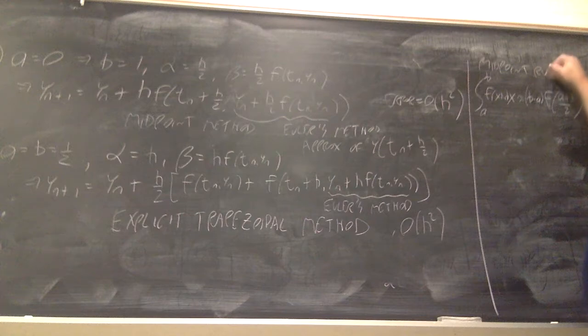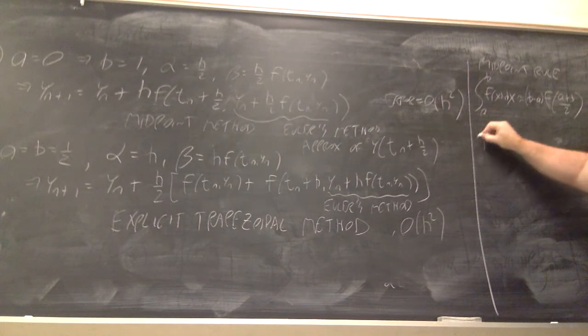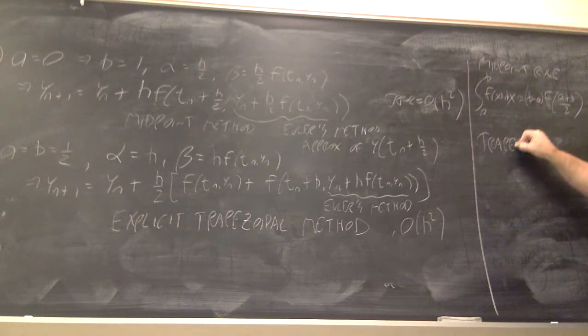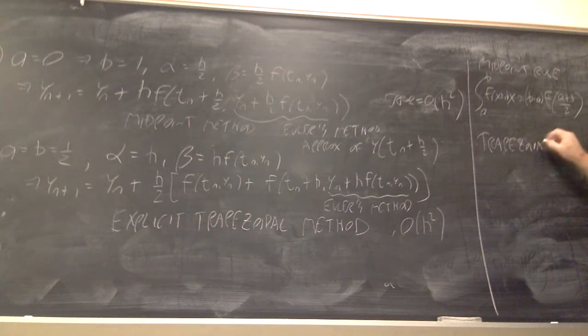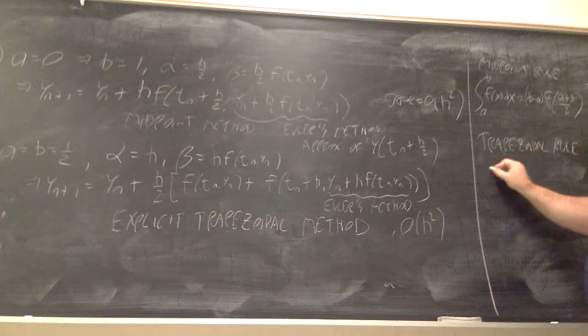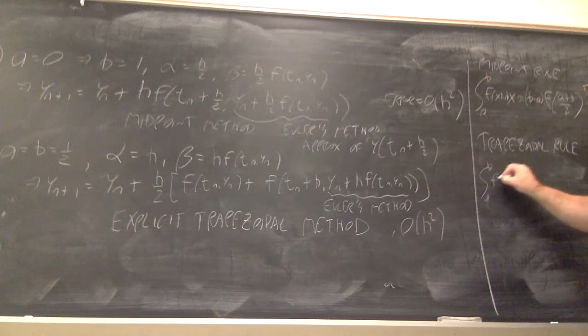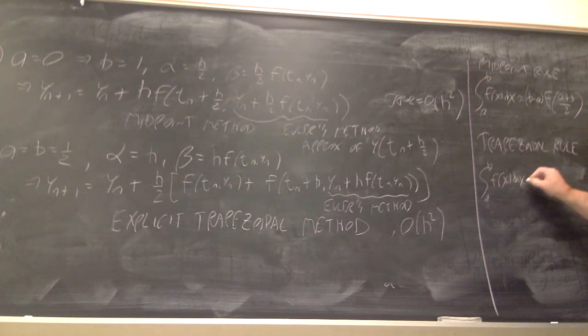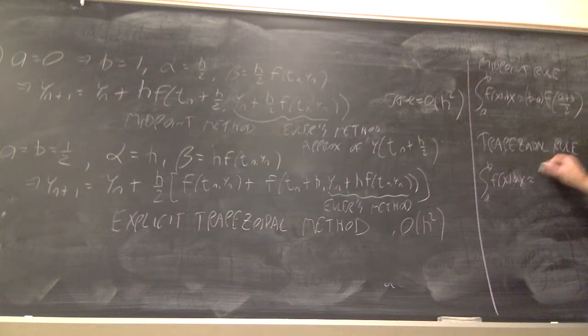Hopefully this rings a bell for those of you who took 460. And then the trapezoidal rule is integral of f is approximately b minus a over 2 times f of a plus f of b.